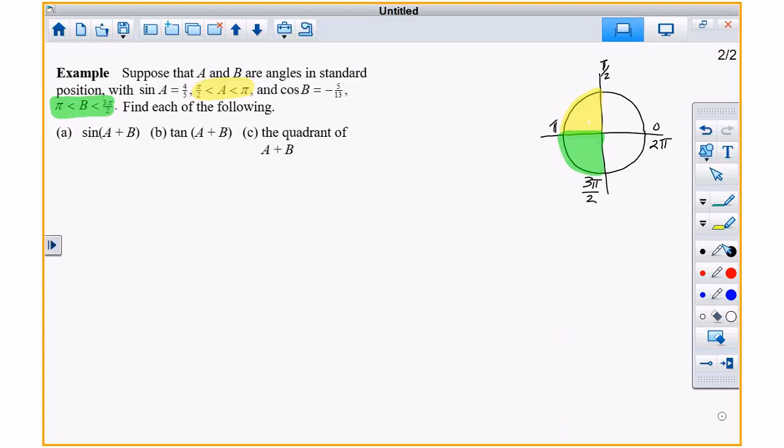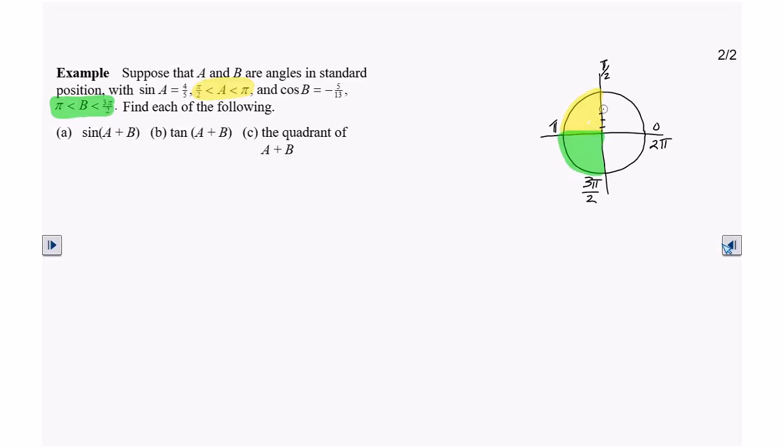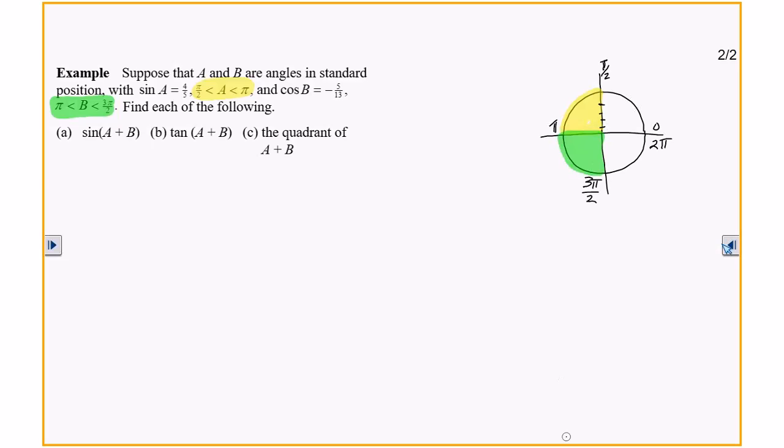is 4. So that means 1, 2, 3, 4. That's that right there. 4, and the hypotenuse is what? 5. Right?